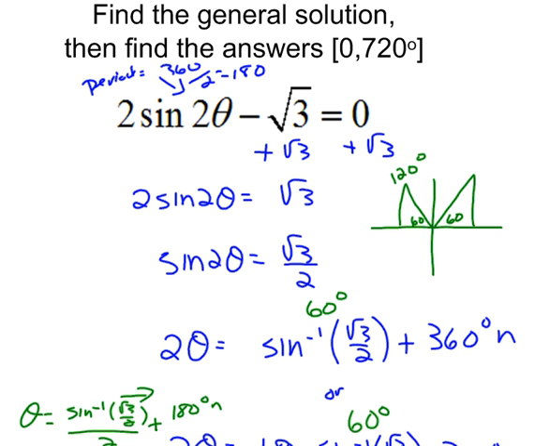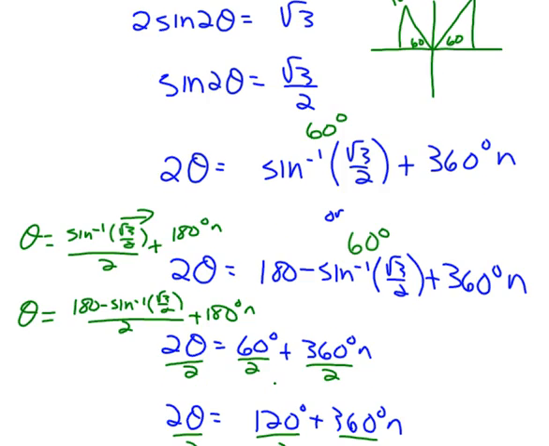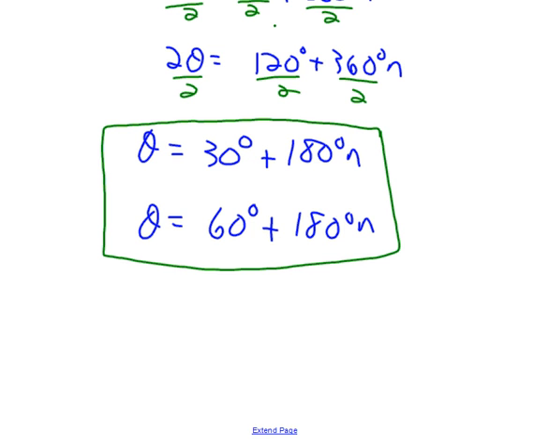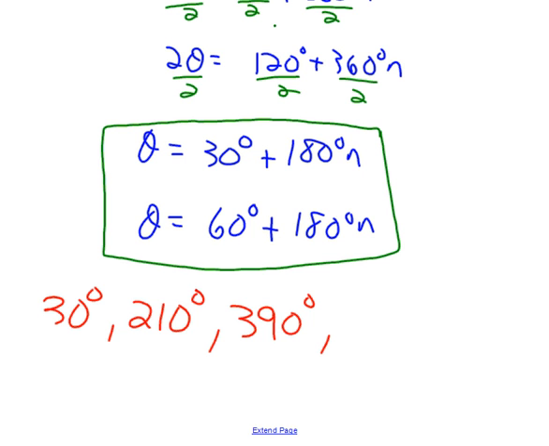And up here we are saying from 0 to 720. So I want all the answers from 0 to 720. Ooh, I think that's going to be a lot. So I'm going to start with 30, and I add 180, and I get 210, and I add 180, and I get 390, and I add 180 again, 570.